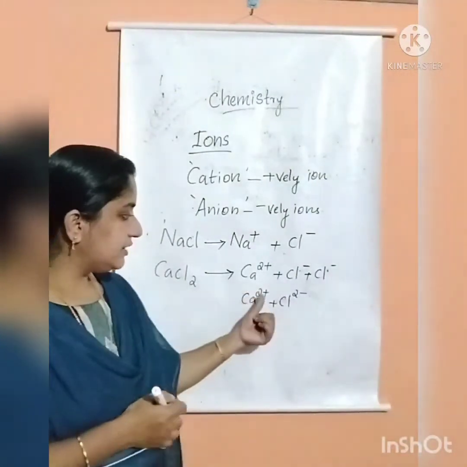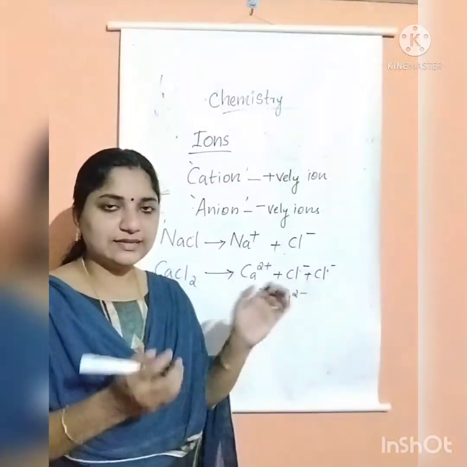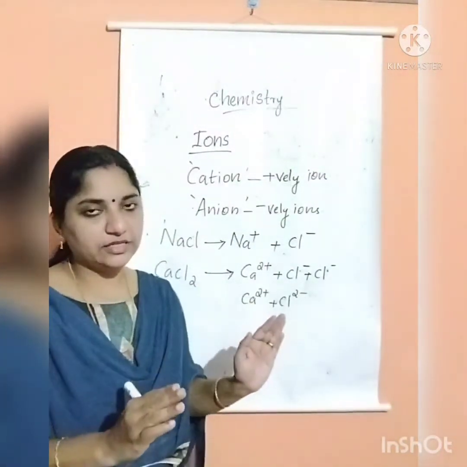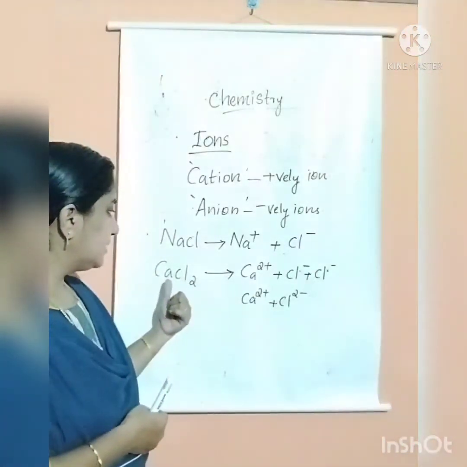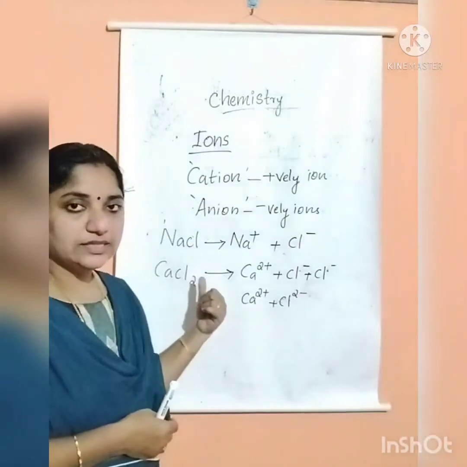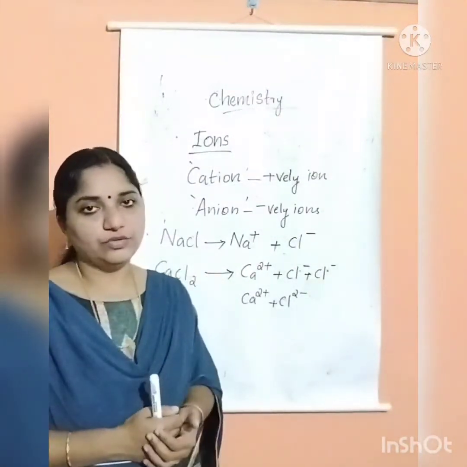So you can see 2 plus and 2 minus cancel each other, so there is no charge effect on that compound. This is CaCl2. This is an ionic compound.